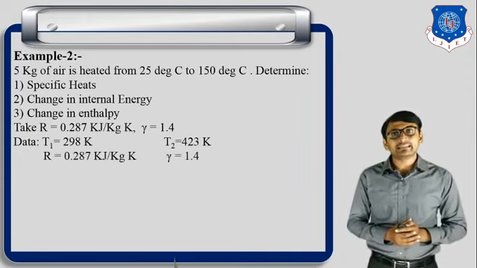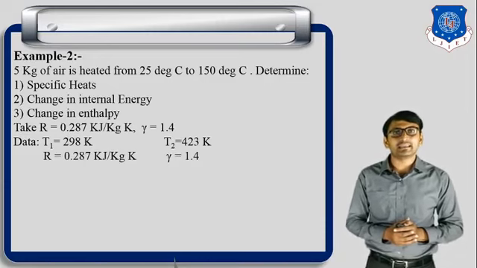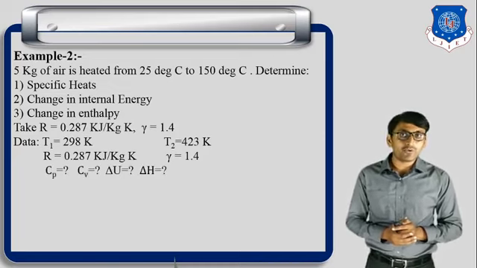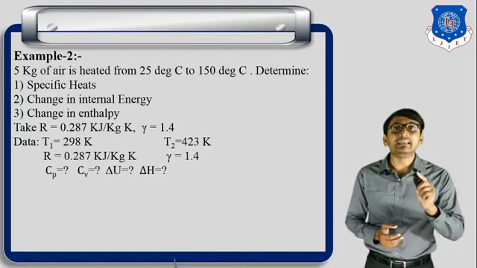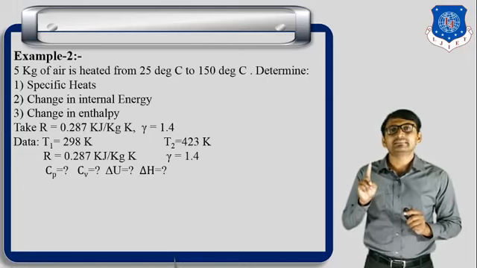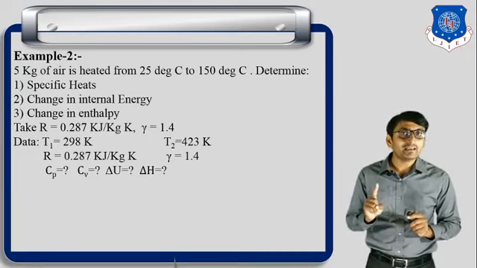And in this example, R is also given, 287 joule per kg Kelvin, and gamma 1.4. So we have to find specific heat. There are two types of specific heat, Cp and Cv. What do you mean by Cp?